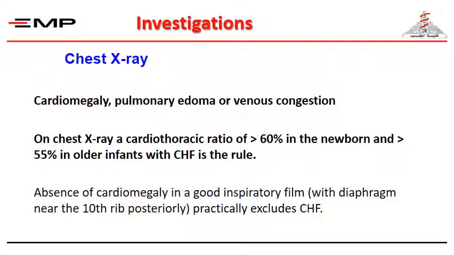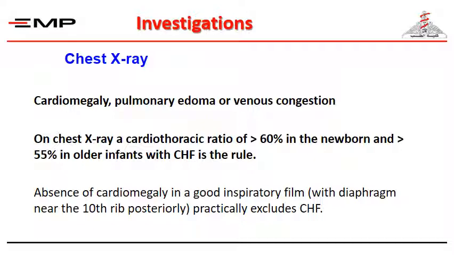The chest X-ray shows cardiomegaly, pulmonary edema or venous congestion. On the chest X-ray, a cardiothoracic ratio of more than 60% in the newborn and more than 50% in older infants with congestive heart failure is the rule. So, how to make sure?